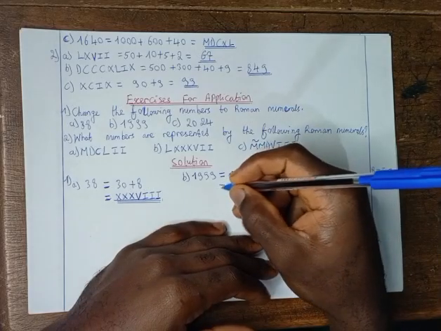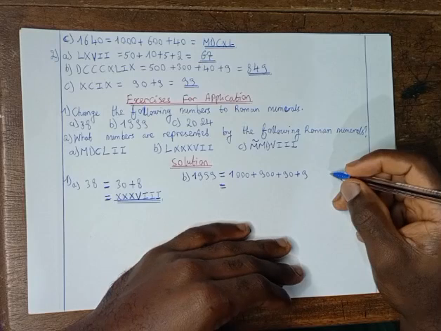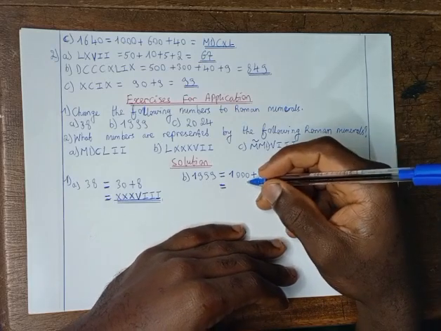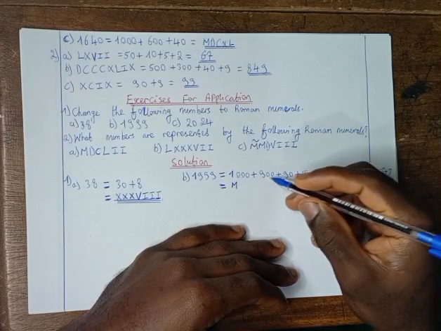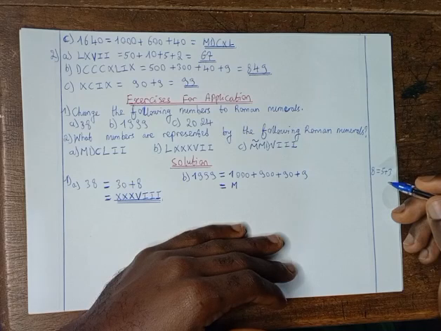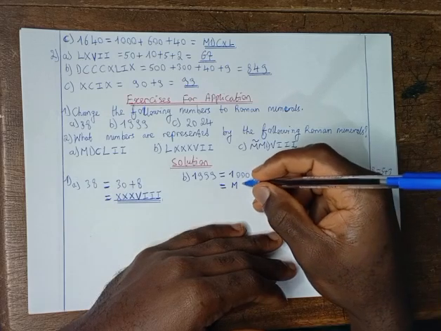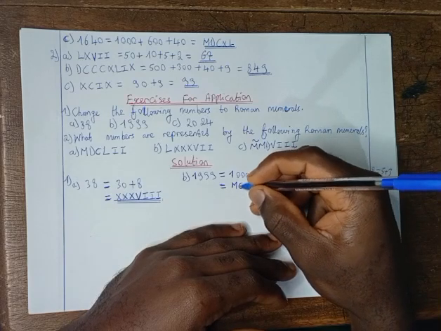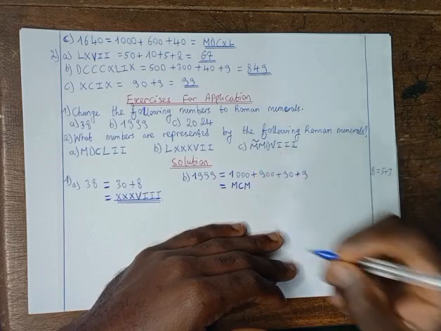The Romans represented 1000 by making use of the letter M. 900 is the same as 1000 minus 100. So in this case, for us to represent 900, we are going to write a C before an M.